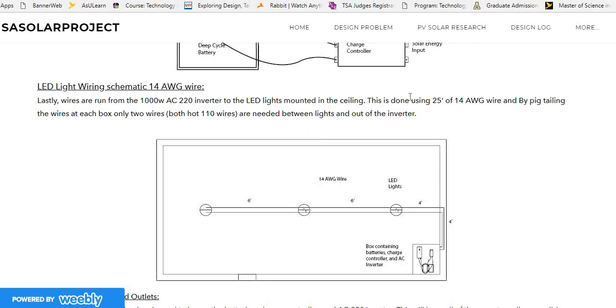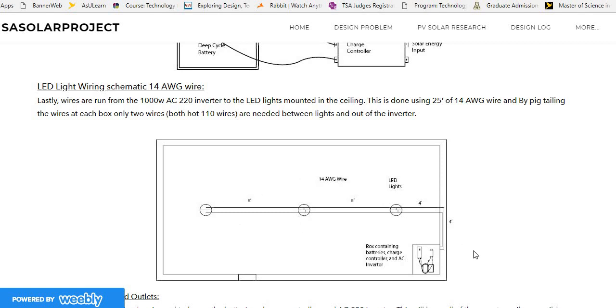After this, we have the LED wiring schematic with 14 gauge wire. The wires would come out of the box here from the inverter and go up into the wall and over to the 3 lights that are mounted at equal distance on the roof.